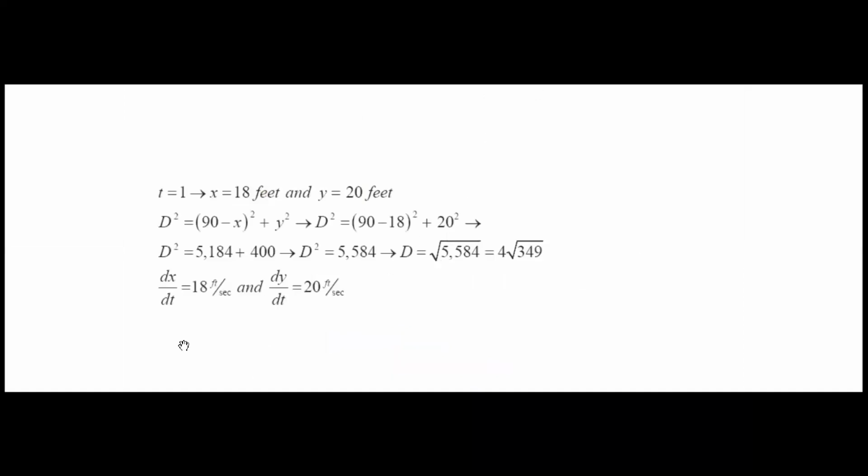So this is basically a summary of what we just talked about here. In other words, we know when t is 1 second, x is 18 feet, since he's going 18 feet per second, and y is 20 feet, since he's running 20 feet per second. So we have those two numbers, but one thing we don't have is what D is.